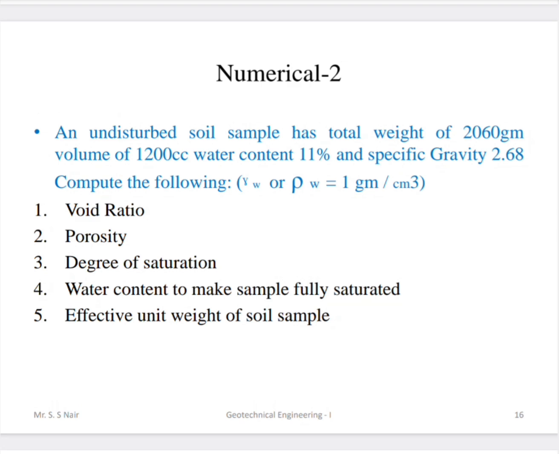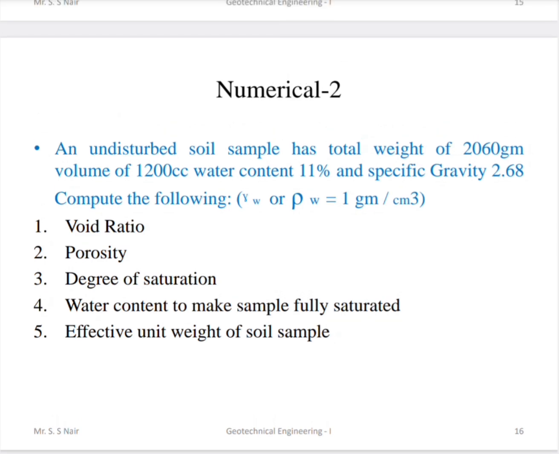Here also, an undisturbed soil sample has a total weight of 2060 gram, volume of 1200 cc, water content 11%, specific gravity 2.68. We need to compute void ratio, porosity, degree of saturation, and water content to make it fully saturated, and the effective unit weight of the soil sample.